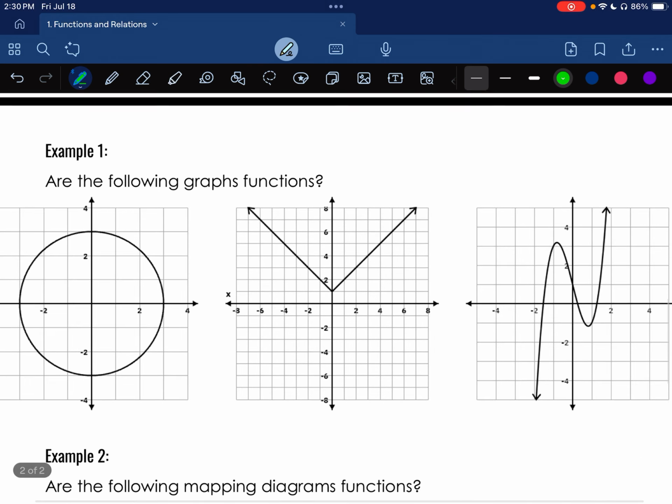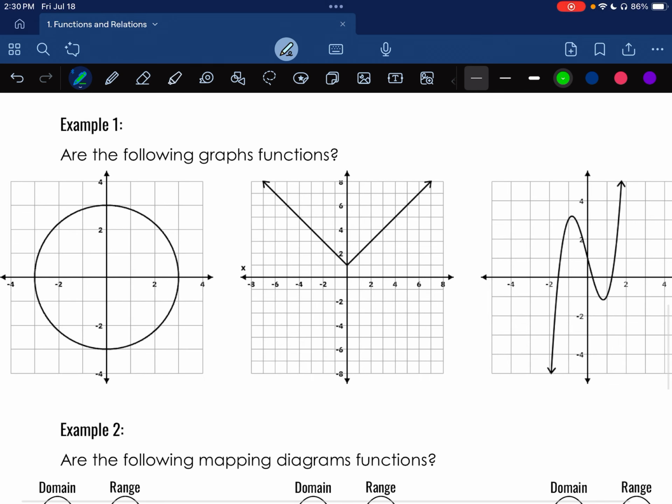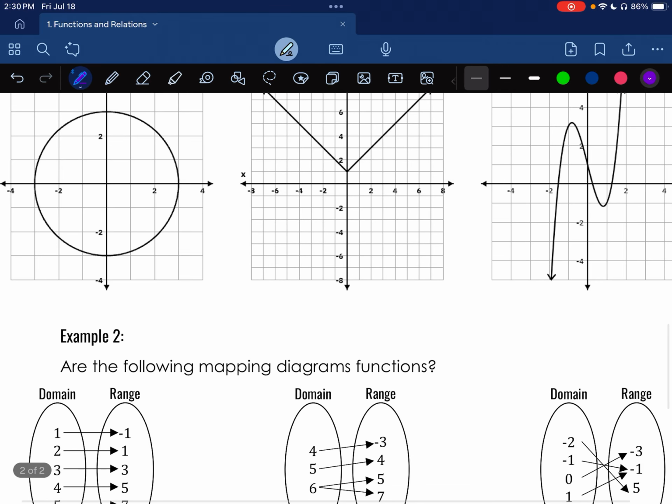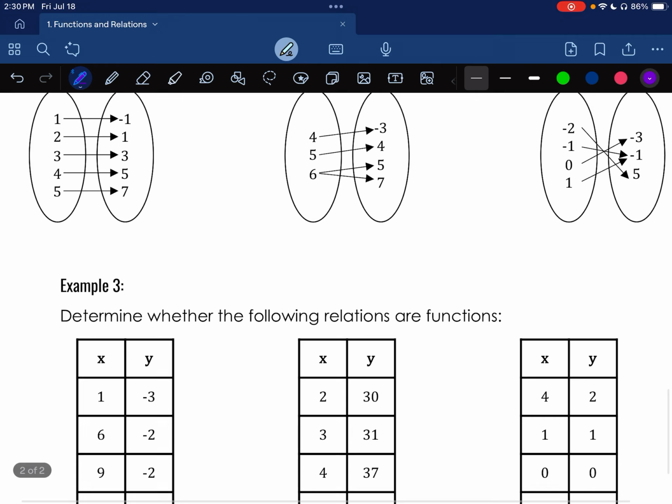So first, we have, why don't we just label these? These are graphical representations. Then we can have mapping diagrams. And then we can have table representations.